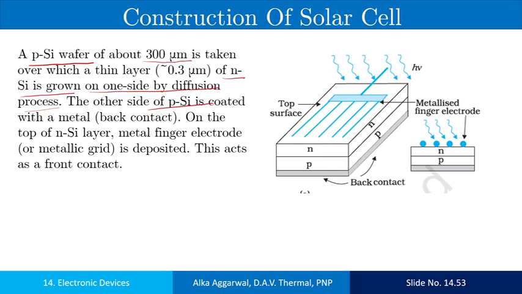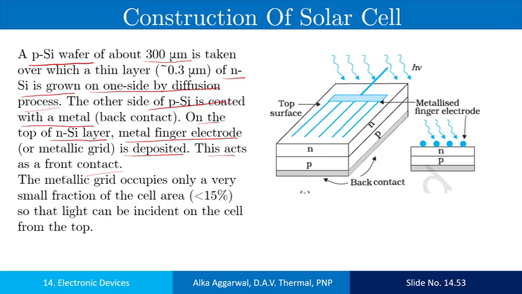The other side of the p-type silicon is coated with a metal, and on the top of the n-type silicon layer metal finger electrodes are deposited which act as a front contact. The metallic grid occupies only a very small fraction of the area so that light can be incident on the cell from the top.